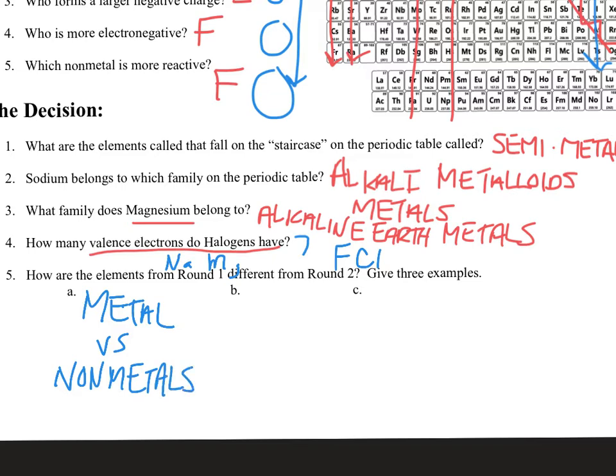What's another difference between them? Metals always form a cation versus nonmetals always form anions. What's another difference between them? Well, you could look at the difference between metals and nonmetals.